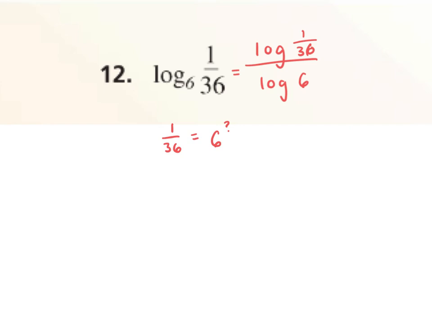Negative 6? It's definitely going to be negative because we want to flip it. Negative 2, because 6 squared would give us 36. So we could say this is log base 6 of 6 to the power of negative 2. Log base 6 of 6 cancels, and what are we left with? Negative 2.